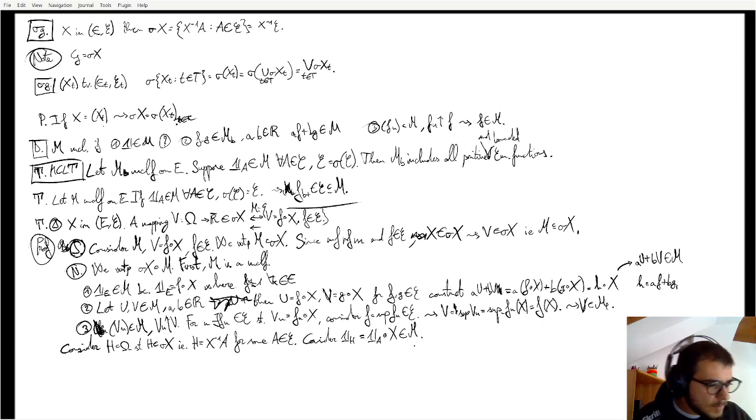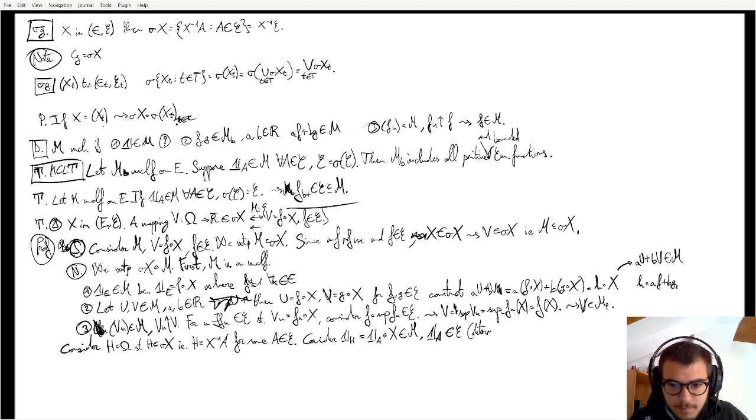Why? Because the indicator of A is measurable and deterministic. And here we are using that f applied to x is measurable.